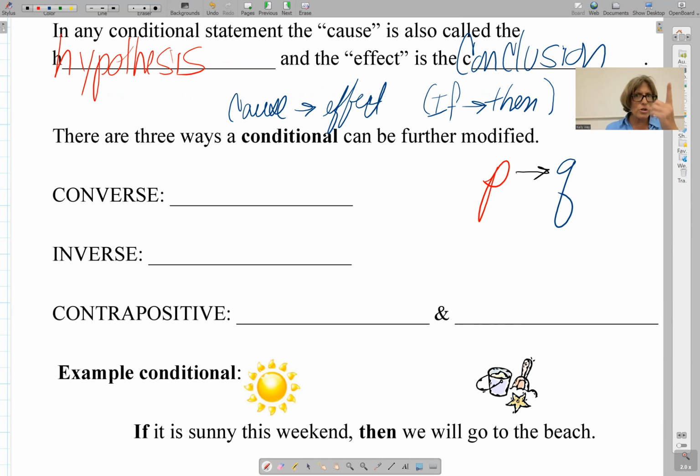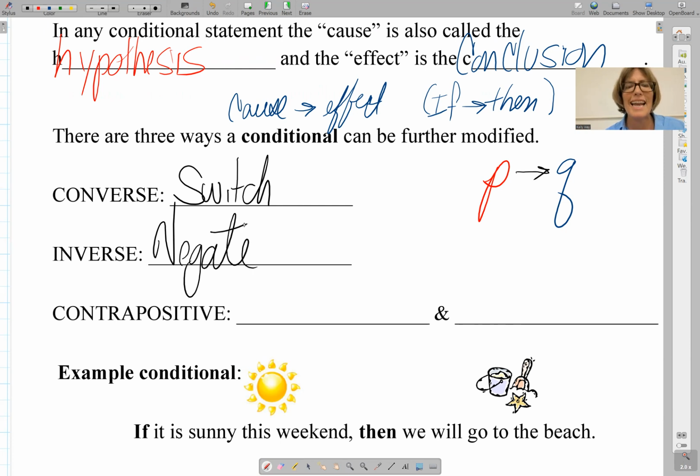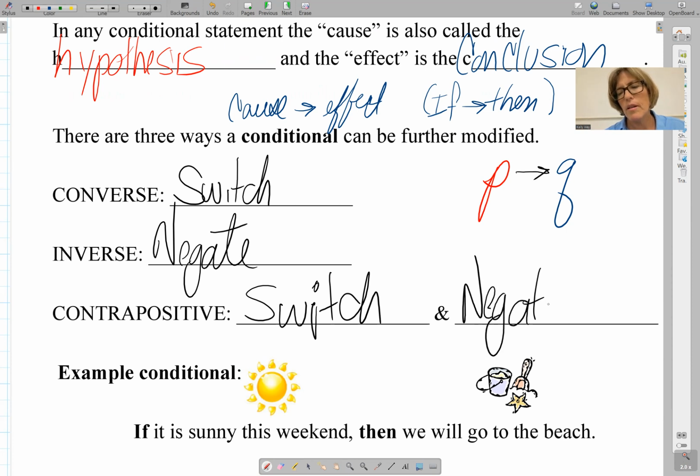So converse, inverse, contrapositive. Converse: you switch. Inverse: negate. Contrapositive: switch and negate.